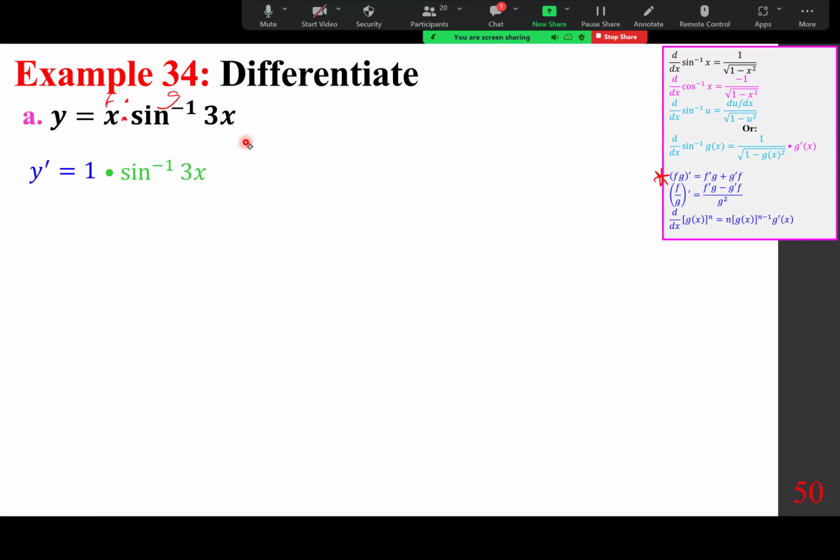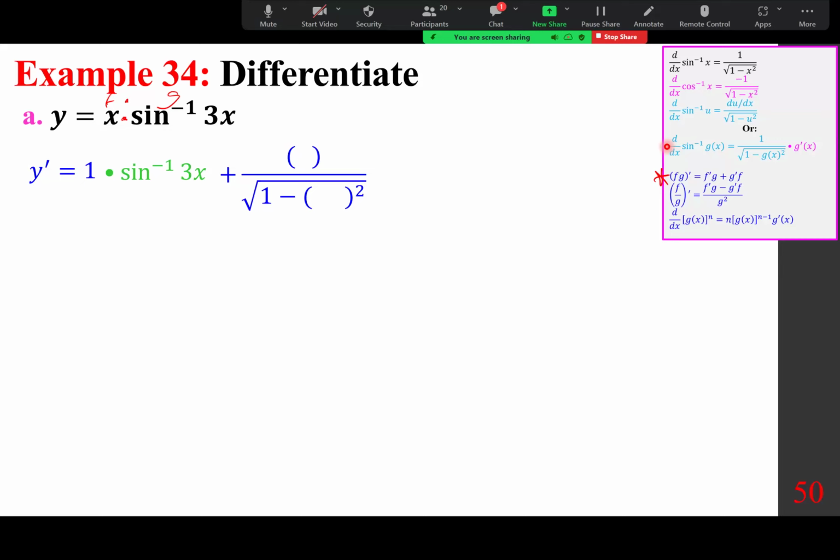And again, I remind you that for the sine inverse it was 1 over the square root of 1 minus x squared. If you change the x to g of x, then this changes to g prime because the derivative of x is 1. And this changes to g of x. So you can think of it this way. It may be easier to see it this way. So plus, we're going to go like that.